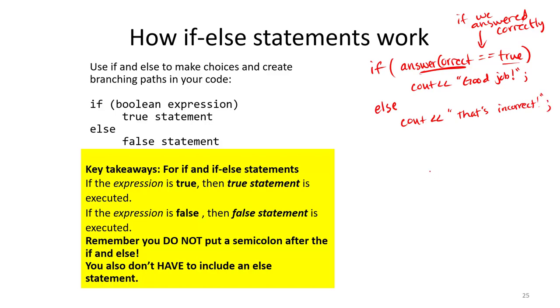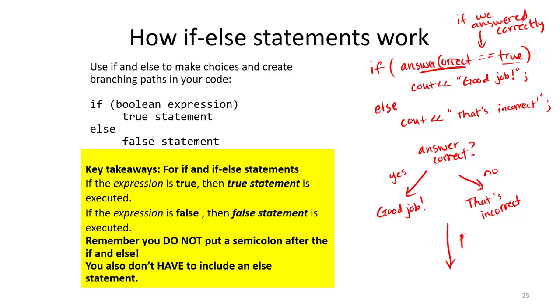So notice we create a path. If our answer was correct, then we get good job. If our answer was not correct, we get a different response.